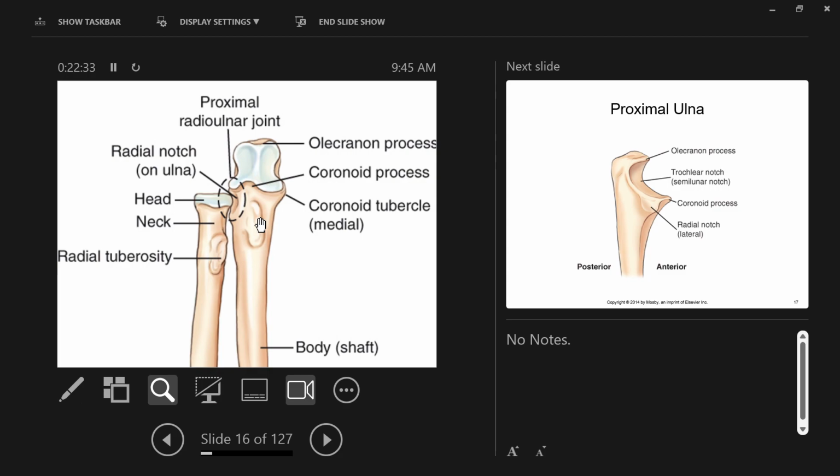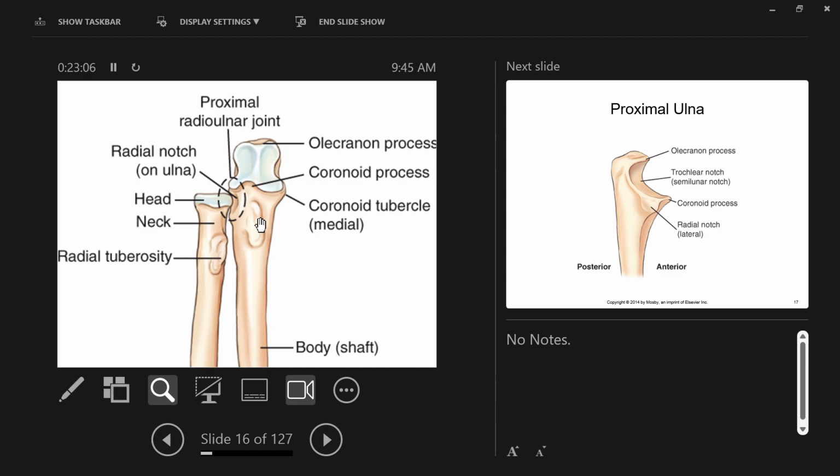This and this are easier to see laterally, but we have our coronoid process and our olecranon process. Processes, for reasons I won't go into, are also words that mean little protrusions from a bone, okay? You're going to hear process, you're going to hear tuberosity, you're going to hear things like fossa, right? All these are names for protrusions, indentations, shapes, morphological differences in the shape of the bone.